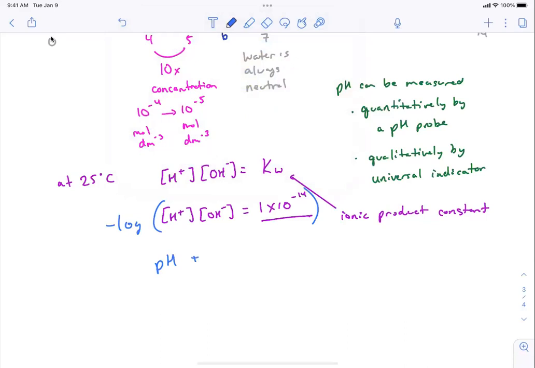Adding. So it's plus, what's negative log of OH minus? pOH. And that equals, what's negative log of 1 times 10 to the negative 14? 14. So that's where that equation comes from, which you might have learned in 10th grade: pH plus pOH equals 14. That comes from this equation, and it only works at 25 degrees Celsius. For SL, it'll always work. For HL, it depends.